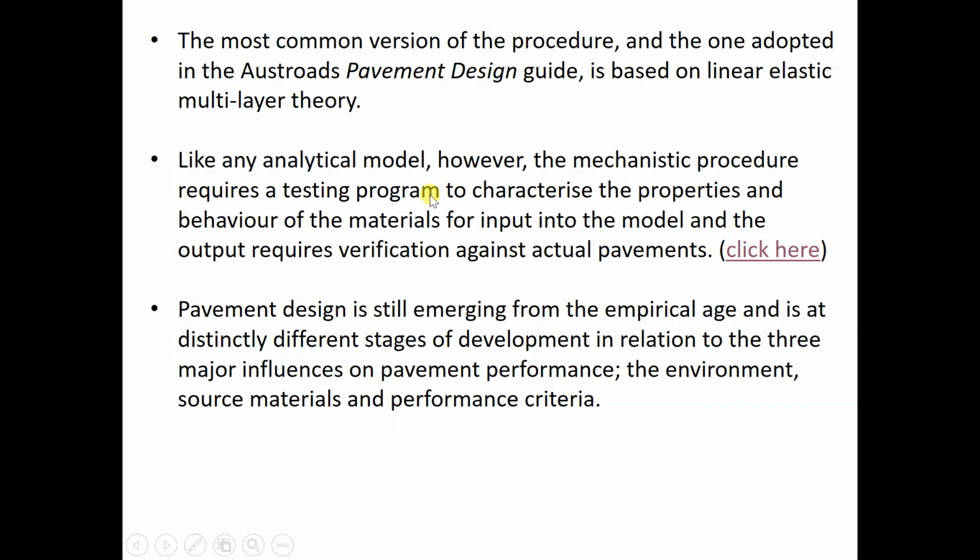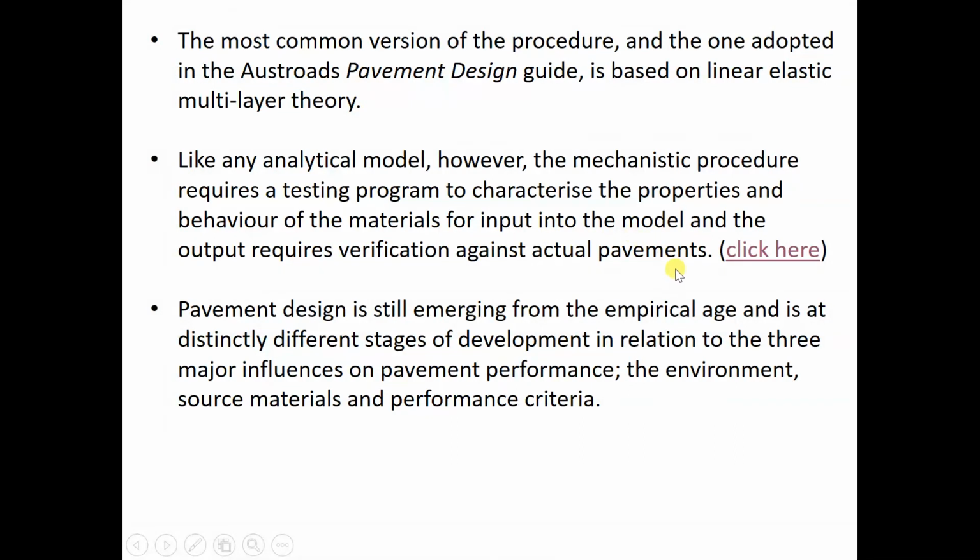Also, to establish the strength of the materials, we need to establish the modulus or the Poisson ratio. Also the thickness as well, and later on for the output part, we require the verification against actual pavement.